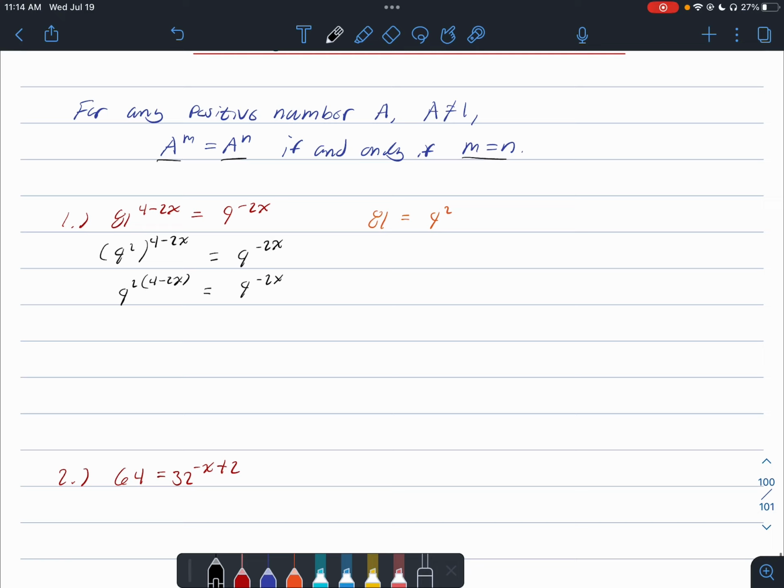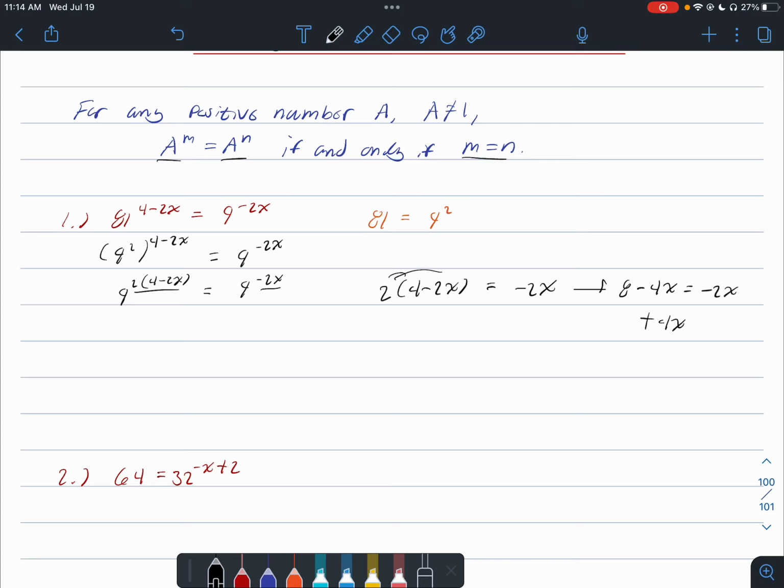And therefore, we only have to consider the m and the n. So we now can look at this as 2 times 4 minus 2x is equal to negative 2x. Let's see if we can solve this for x. If we distribute this 2, we'll get 8 minus 4x is equal to negative 2x.